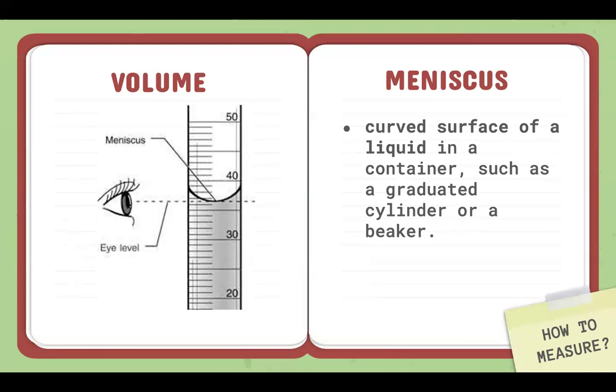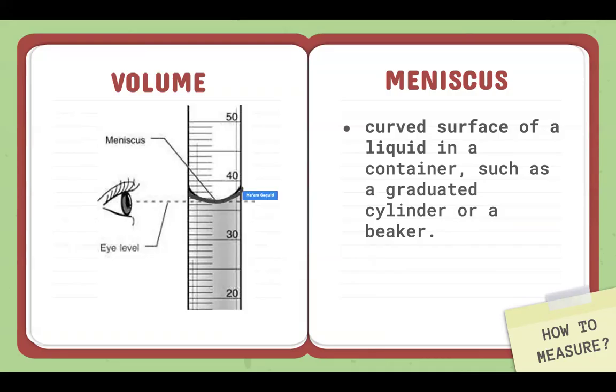So when we are in the laboratory, I'd like you to measure the volume accordingly. First, you have to put the graduated cylinder on a flat surface, not holding it, and you will see a curvature of water like this.